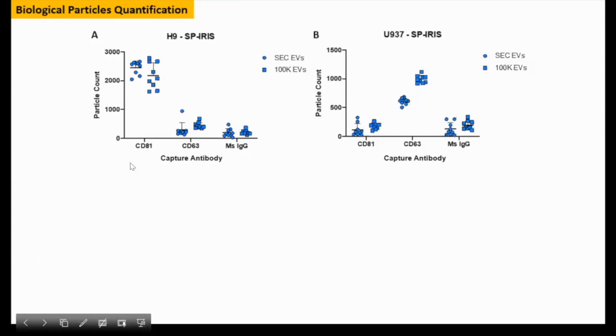So these are the blue round shapes, and these can also express CD63. When for U937, which is the right panel, it seems that there is capture with CD63, but no capture with CD81, which is comparable to the isotype control.